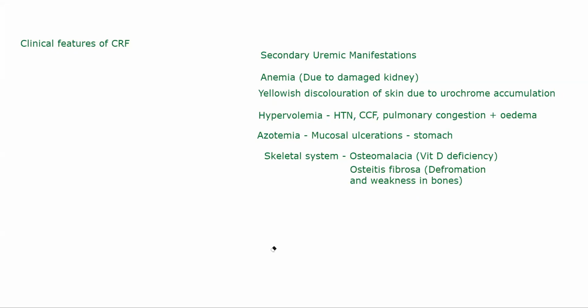These are all secondary uremic manifestations. So with that we have completed chronic renal failure, both the primary renal manifestations and the secondary uremic manifestations. Primary are those occurring directly in the kidney, and secondary are those occurring due to kidney damage all around your body.